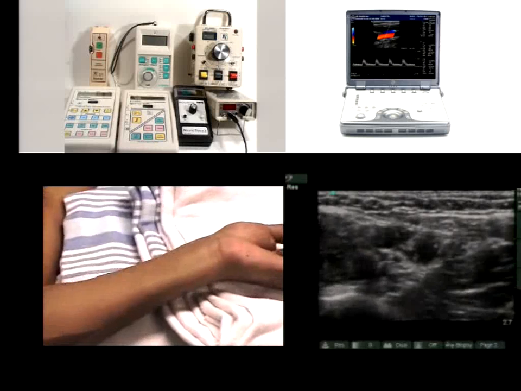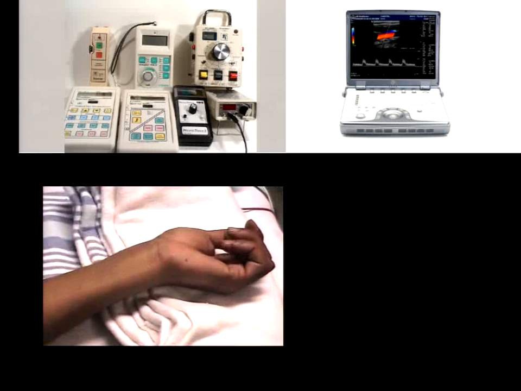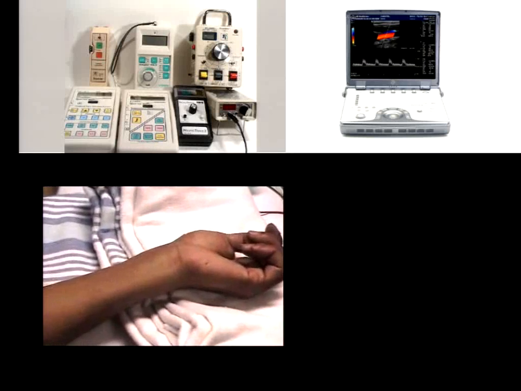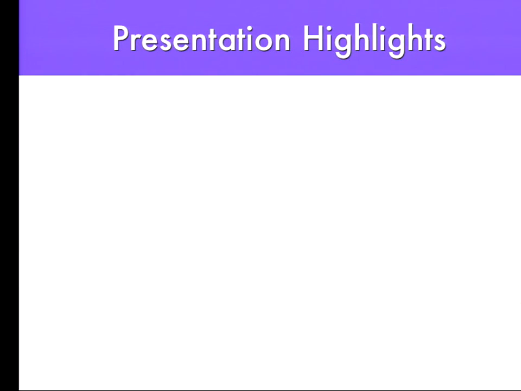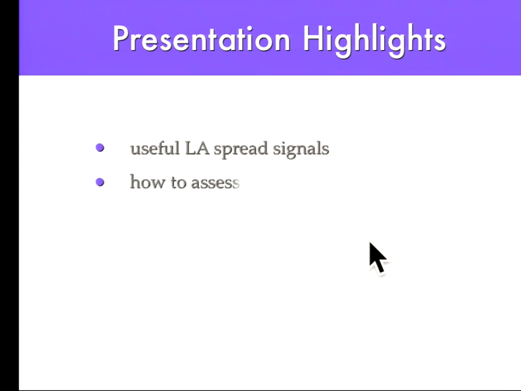So my first point is not all nerves are the same, not all injections are the same, and not all local anesthetic spreads are the same. I think we need to recognize that. So what I would like to do is to address the following. What are the useful local anesthetic spread signs that we can use to help us as we insert the needle? How do we assess local anesthetic spread?